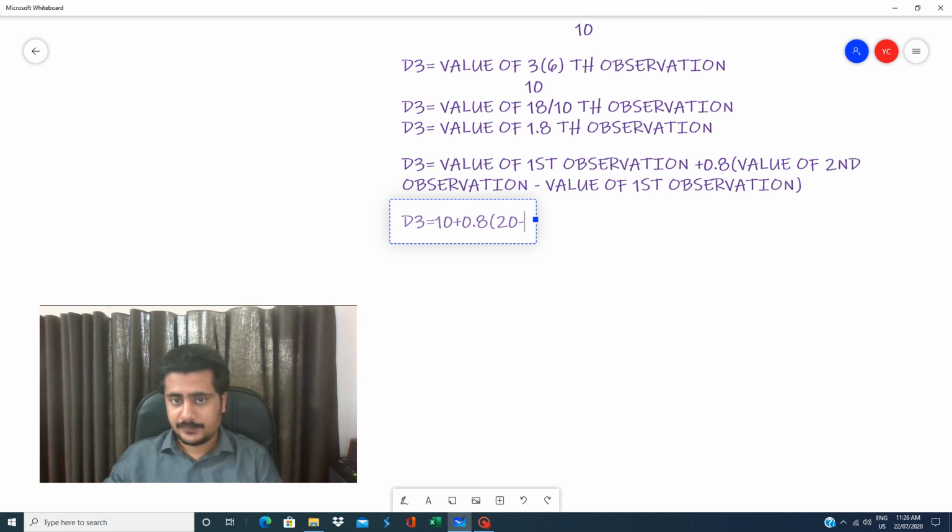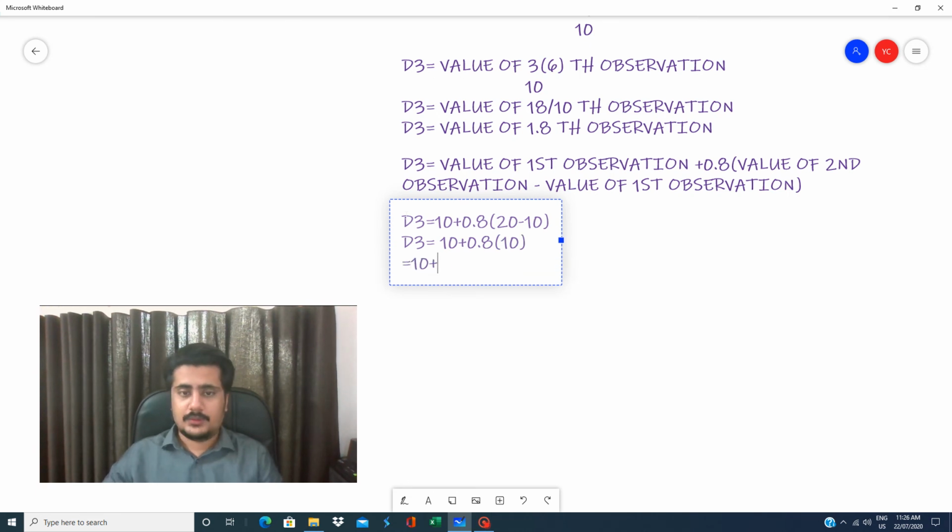It is 10. What is the value of the second observation? It is 20. So D3 is 10 plus 0.8 into 10. So it's 10 plus 8, that is 18. Okay, so this is your D3.